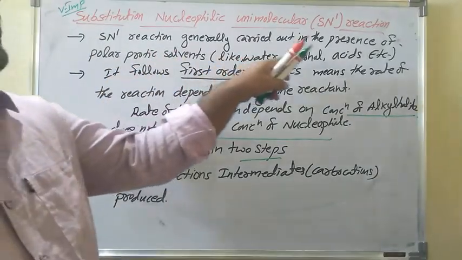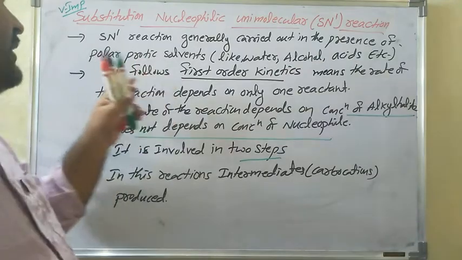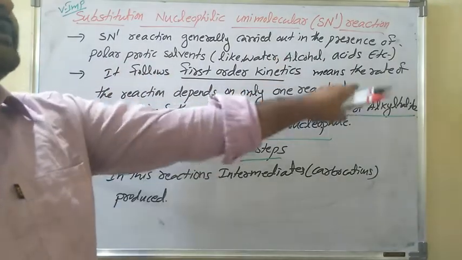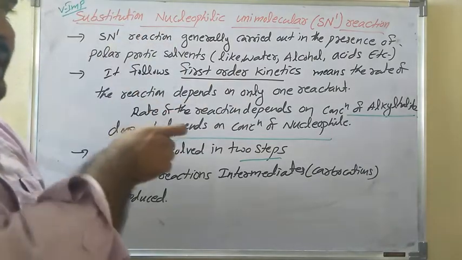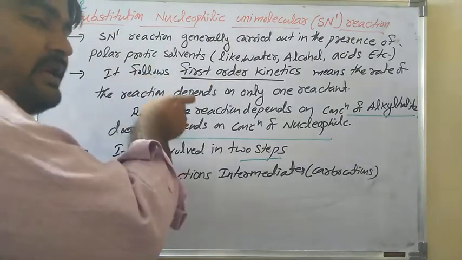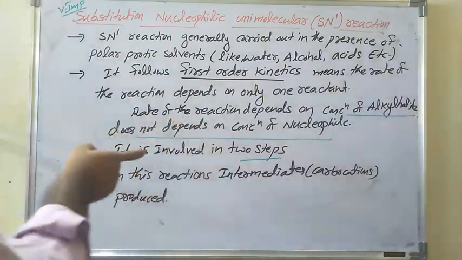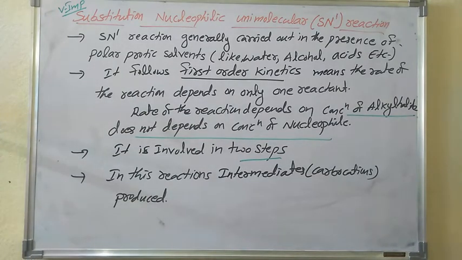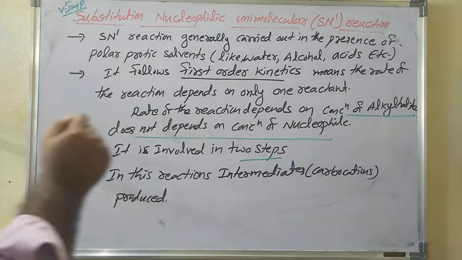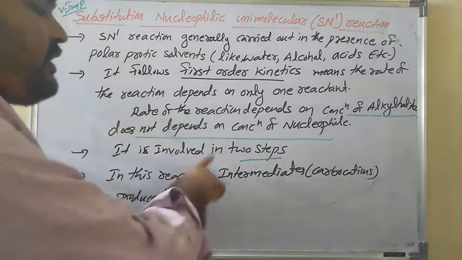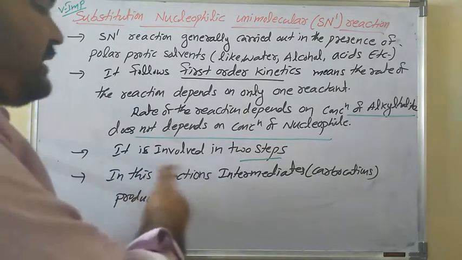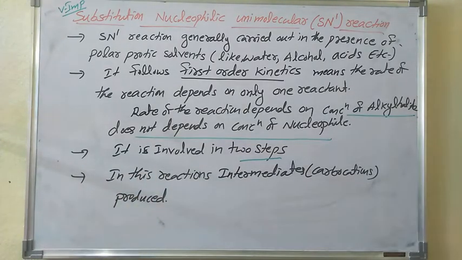So water, alcohol, acid are protic solvents. It follows first order kinetics, means the rate of the reaction depends on only alkyl halide concentration, not on the concentration of the nucleophile. It is involved in two steps. In this reaction intermediates will be produced.